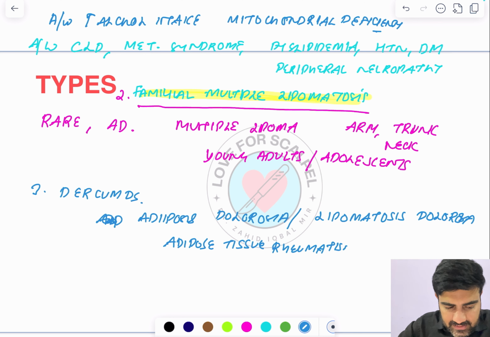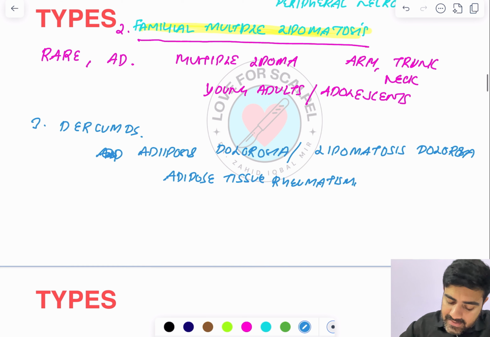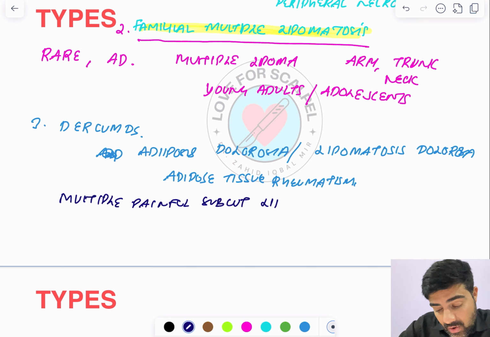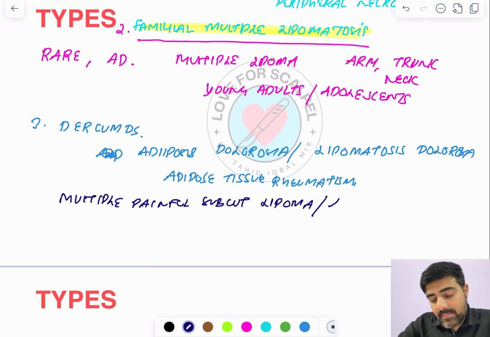Okay, so this is Dercum disease. Again, it is rarely seen, etiology is unknown, there are multiple painful subcutaneous lipoma or angiolipoma. Fine.